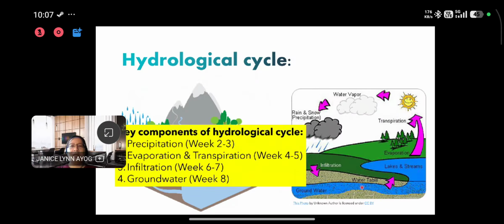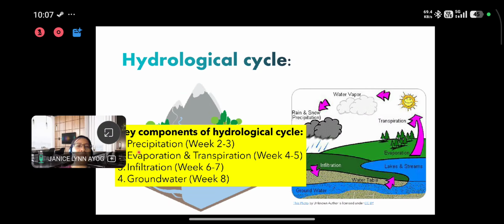But in this hydrological cycle, we are going to cover in this course the key components of the hydrological cycle. There are a lot of processes, and I don't think we're able to cover all of them. So we're just going to touch on the main or key components, or as we go along the course, we'll call them processes.